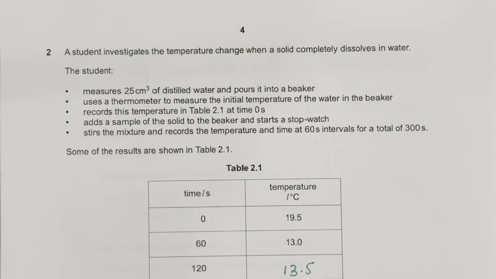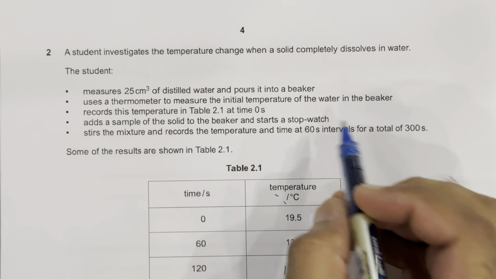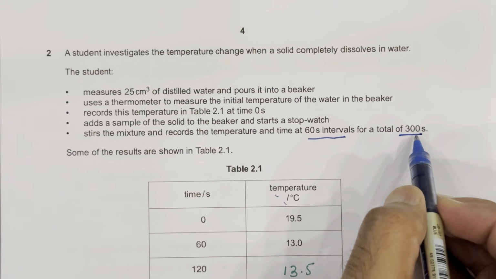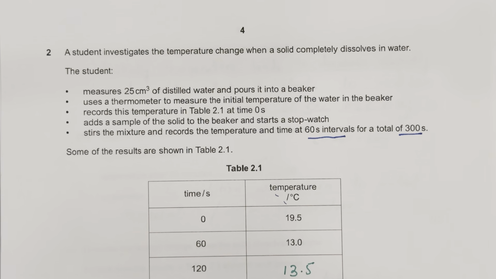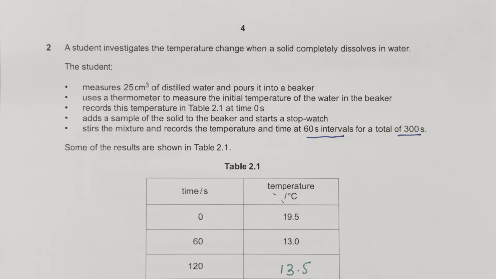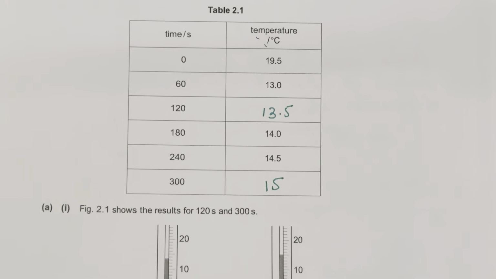Adds a sample of solid to the beaker and starts the stopwatch. Stirs the mixture and records the temperature at 60 second intervals for a total of 300 seconds. Some of the results are shown in table 2.1.